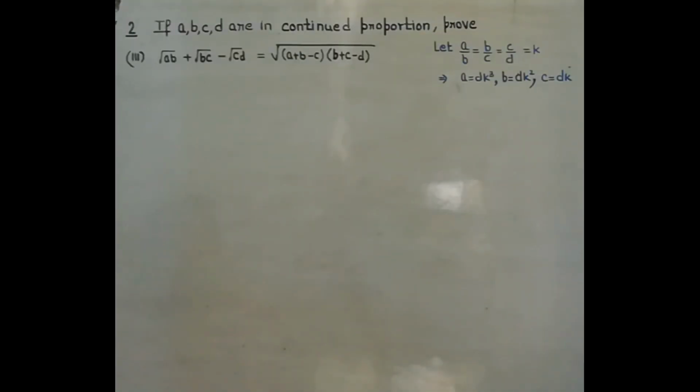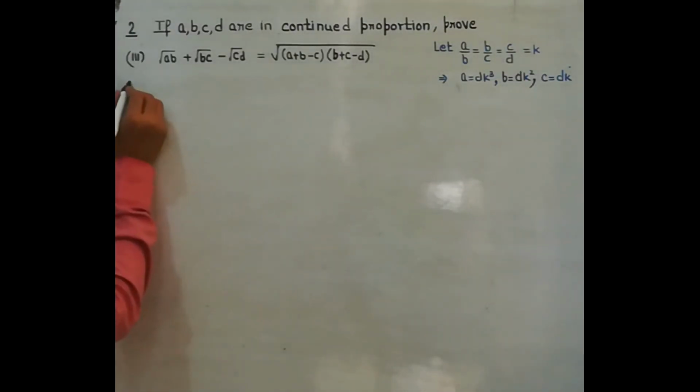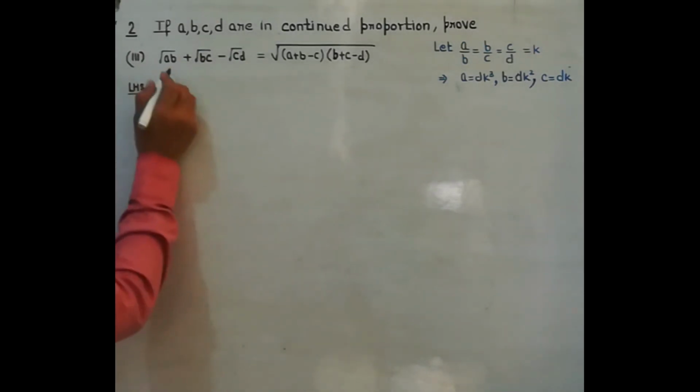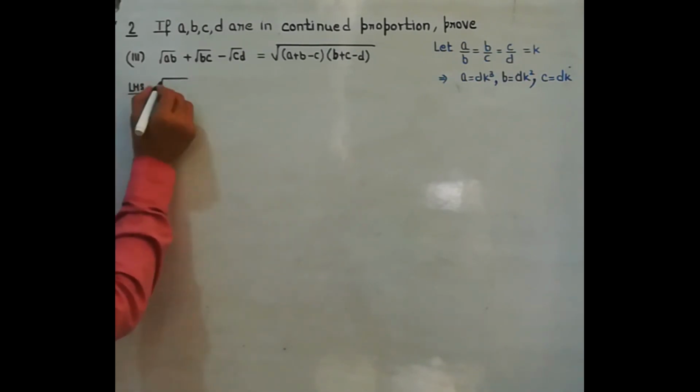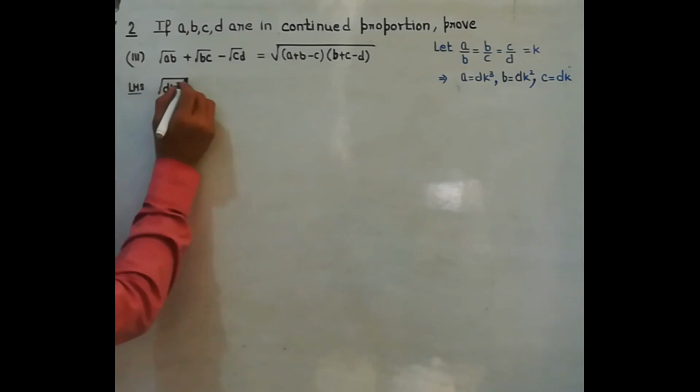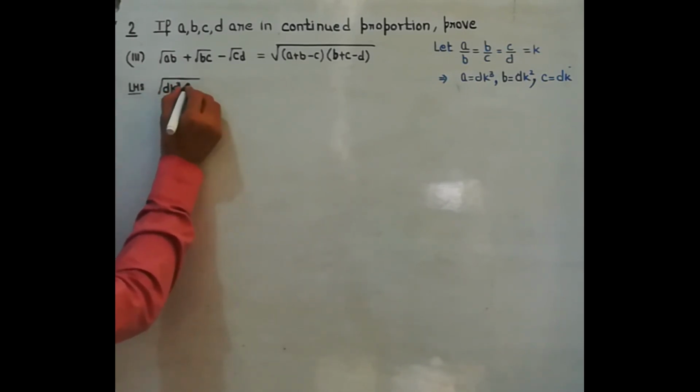Okay, now in the third part, let's start with the left hand side. We have 3 under root terms. In the first one, we are replacing a and b. Here a is to be replaced by dk cube, and b is to be replaced by dk square.